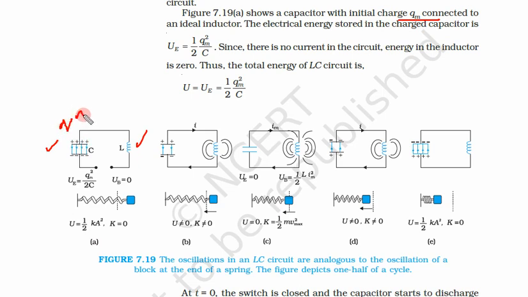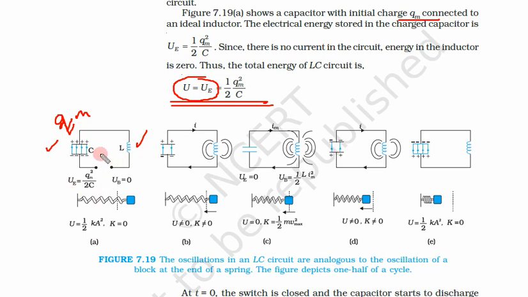The electrical energy stored in this capacitor is half Qm square by C, and this is the total energy in the circuit, because right now there is no current or magnetic field in the inductor.